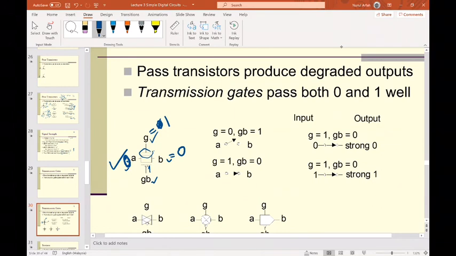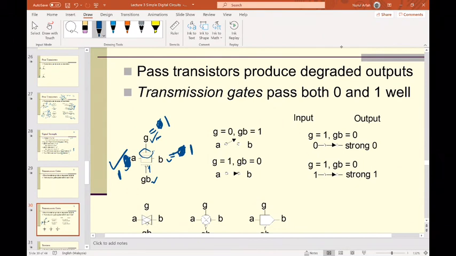Because you have a combination of both NMOS and PMOS. And then if you turn on the gate here, so G now becomes 1, then you will have an output equal to 1, also a strong 1.